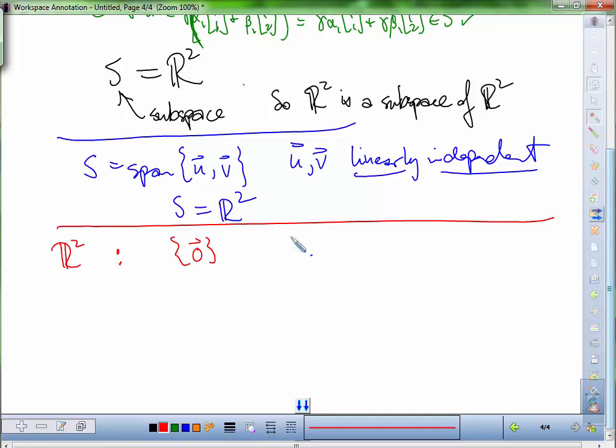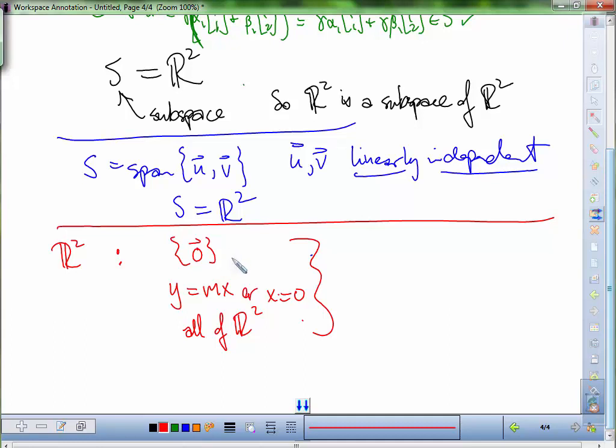It just involves a point. If you have a line that goes through the origin, I guess that would also include the vertical line, right? So if you have any line that passes through the origin, this is also a subspace. And all of R2 is our third possible subspace.